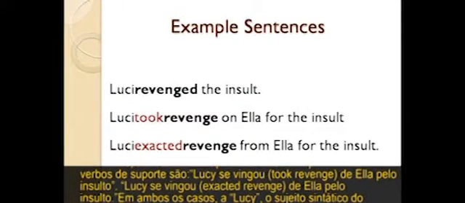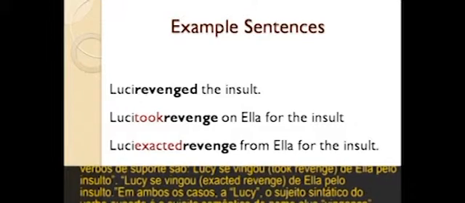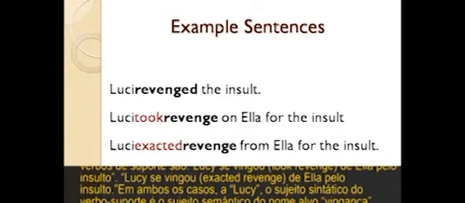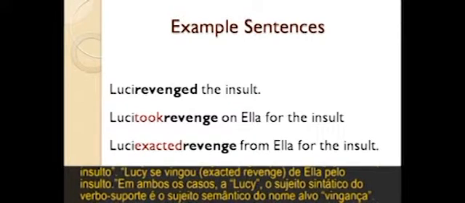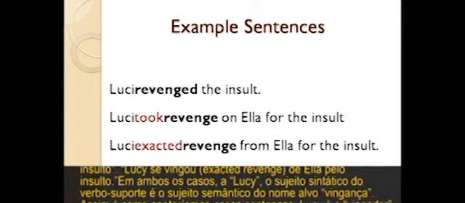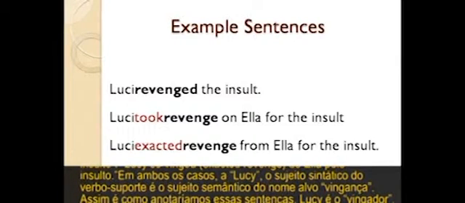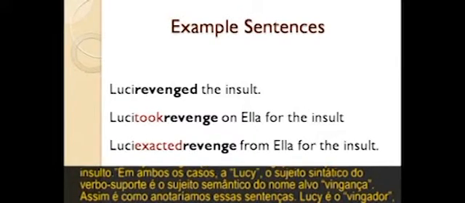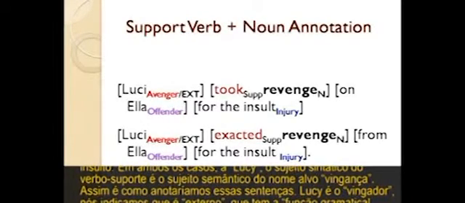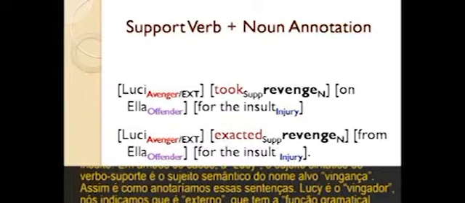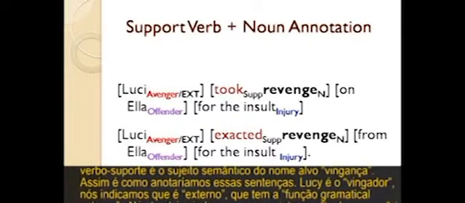Lucy exacted revenge from Ella for the insult. In both cases, Lucy, the syntactic subject of the support verb, is the semantic subject, if you will, of the target noun, revenge. This is how we would annotate these sentences.